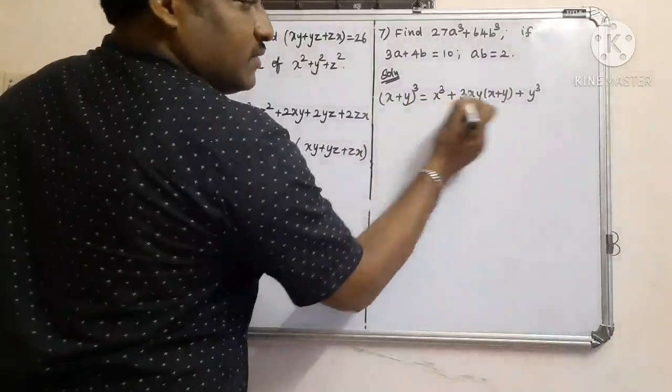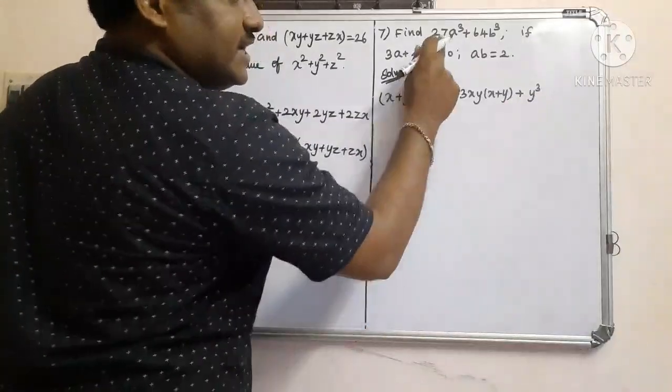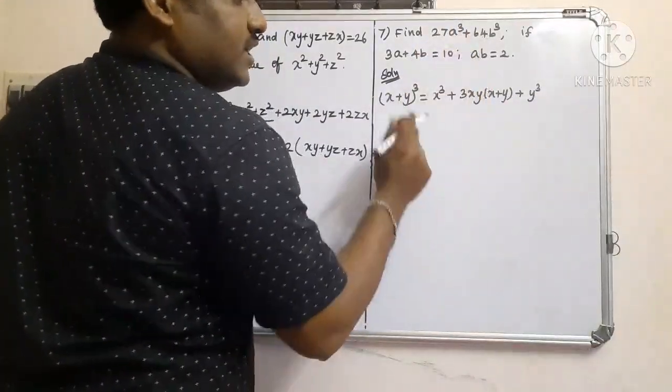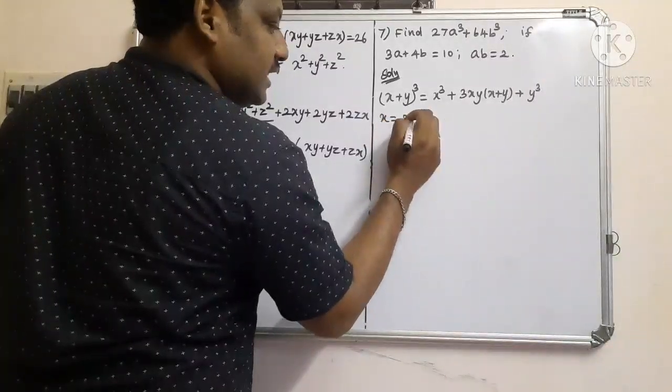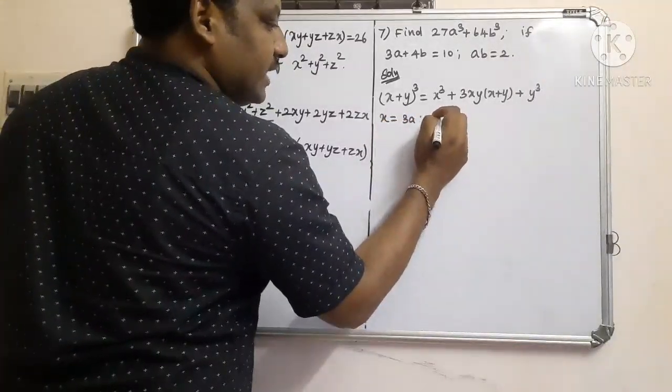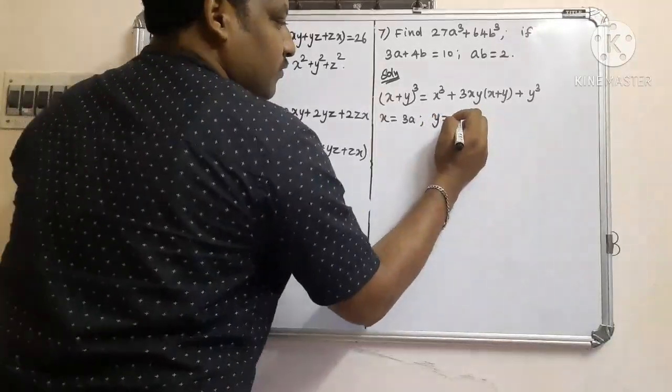So we have to find out the value of x cube plus y cube, that is only 27a cube plus 64b cube. Instead of x, we have to substitute the value 3a. Instead of y, we have to substitute the value 4b.